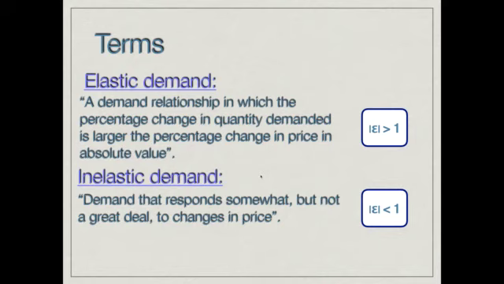So quantity is not as responsive to the percentage change in the price. And if you have to do an interpretation of that, if you take the absolute value of your price elasticity of demand calculation, let's say it's negative 0.5. You take the absolute value of that, so it's 0.5. That is less than 1. That means it's inelastic. That means that the percentage change in quantity demanded is less than the percentage change in the price.